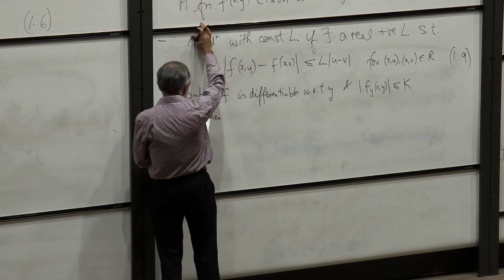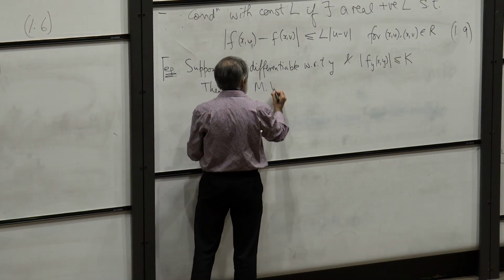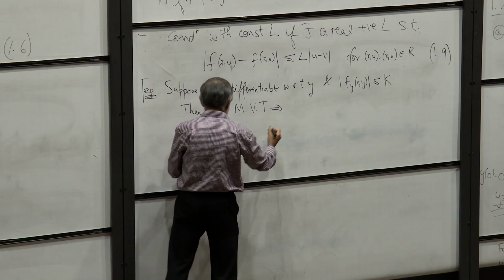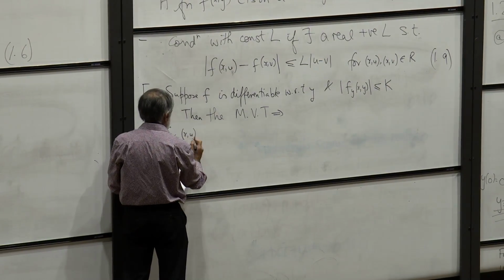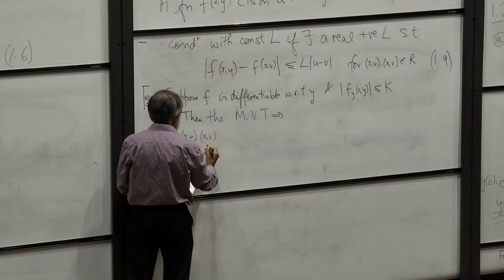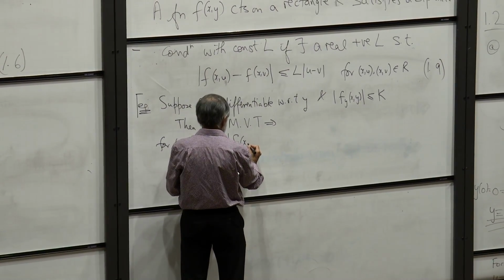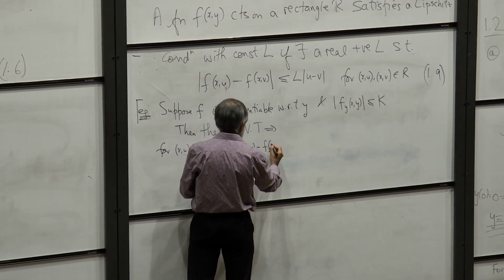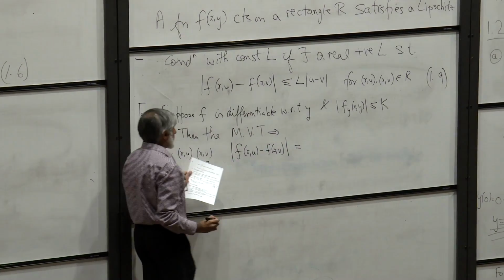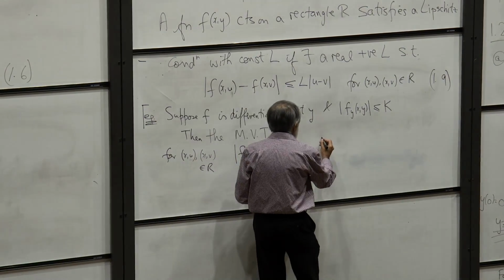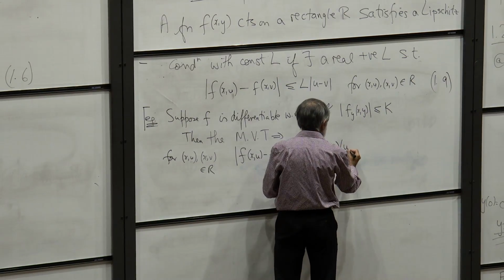Then you should know from last year, the mean value theorem tells you that for two points (x, u), (x, v) in R, that's going to be equal to the partial derivative at some w, times u minus v.